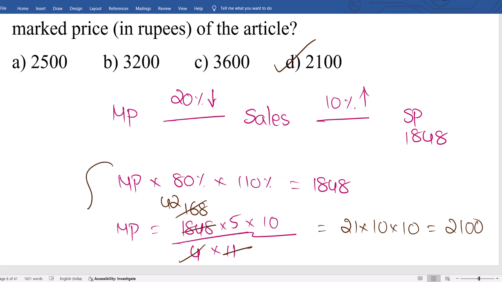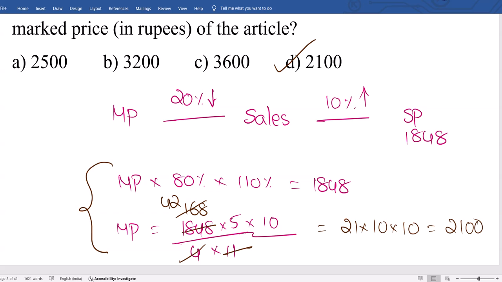And after writing this, 20% discount, 10% increase, a lot of people will make one mistake. They say, sir, here minus 20, there plus 10, cancel, minus 10. No, it is not equal to minus 10. It's not addition and subtraction. Let's say your salary decreased by 20%, your performance is not good.